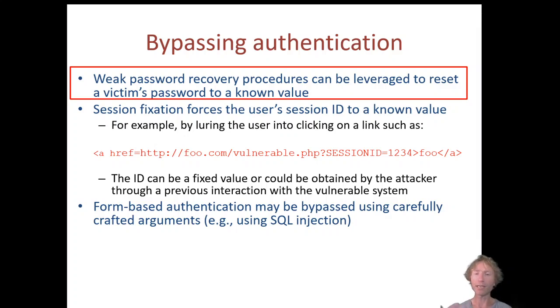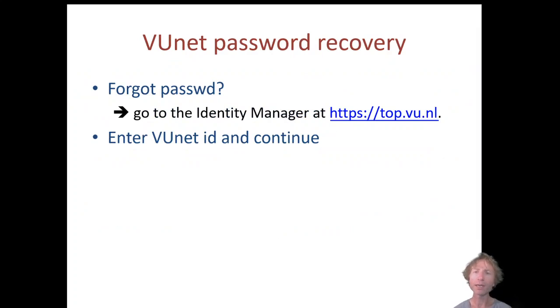Everything at the university is handled by this thing called VUNet. If you're on VUNet and you forgot your password, which of course happens all the time, you go to the identity manager at a particular machine and you enter your VUNet ID and then you continue.